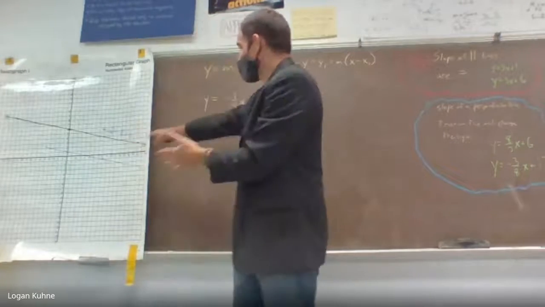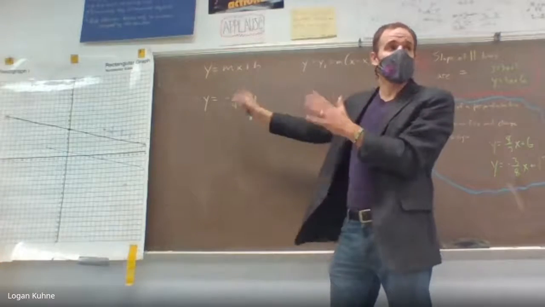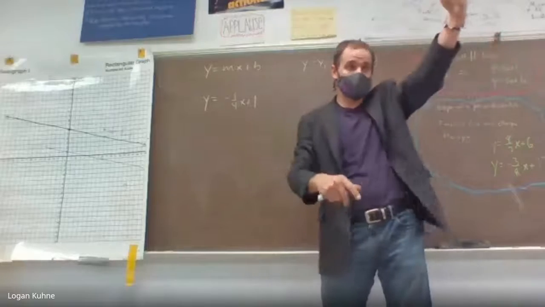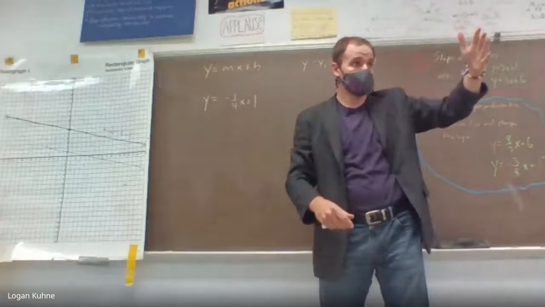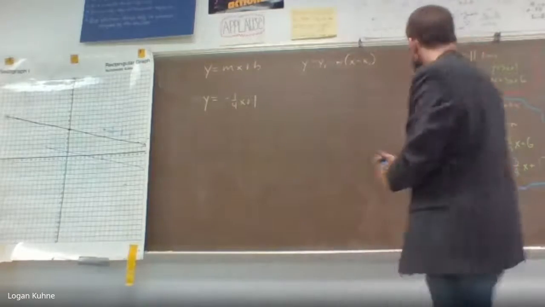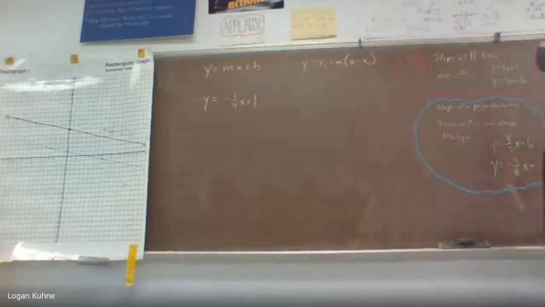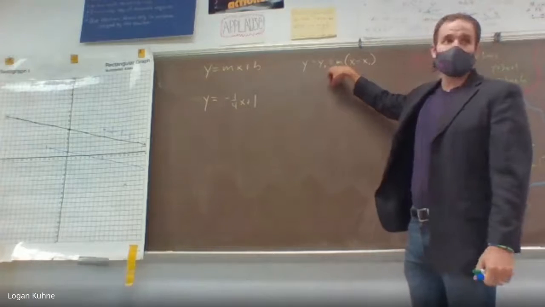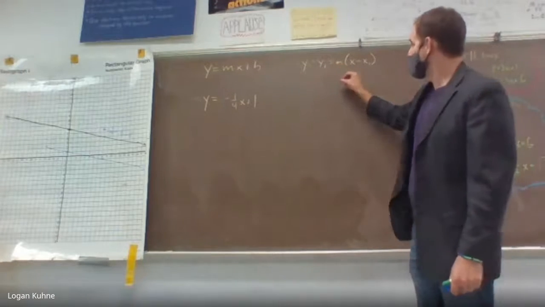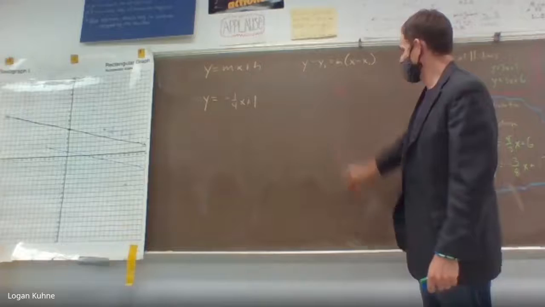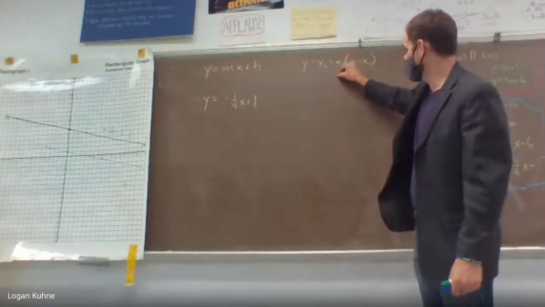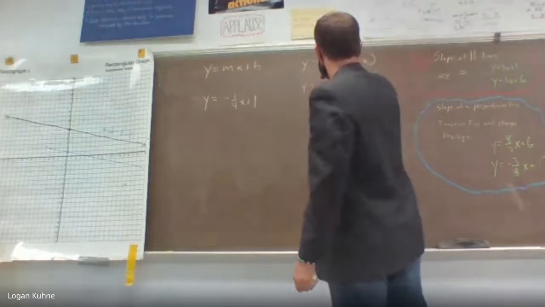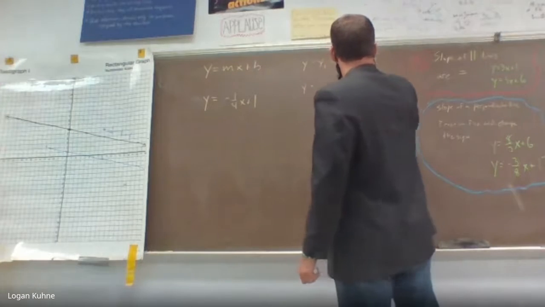All of you got there. I'm going to show you how to go from DePaul to Mr. Kuhne's house the fast way now. What's the slope of our new line? -1/4. I just put that right where the m is. Y minus y1 equals m times x minus x1.